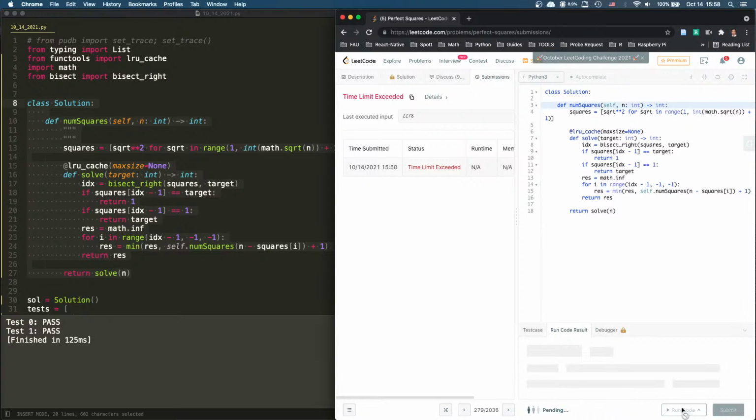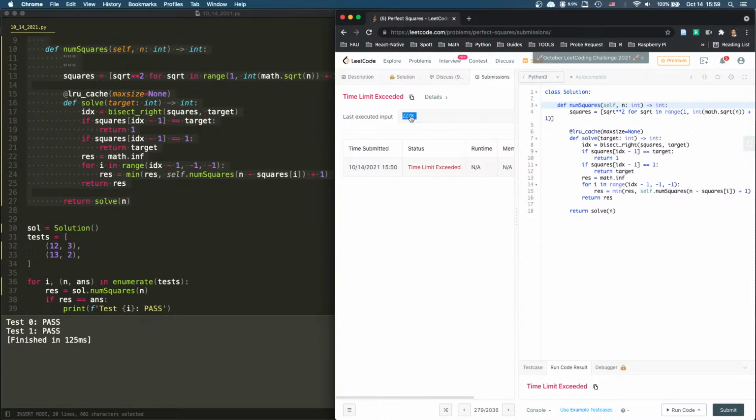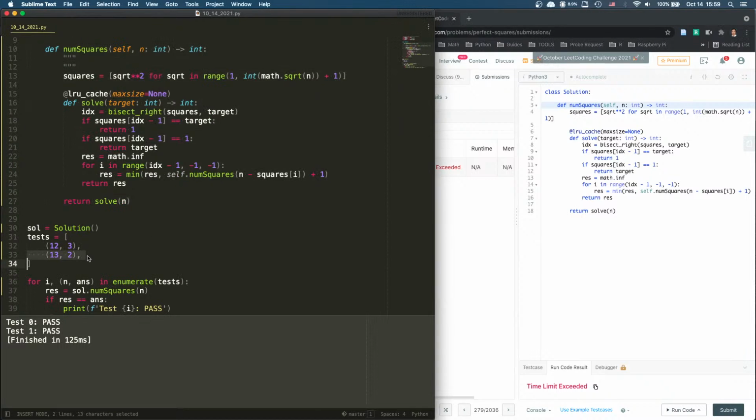It's 88 milliseconds. Oh, this one is much slower. Wait, what? Wait, it had an infinite loop? What the hell? The previous one worked on this, and this one does not work?